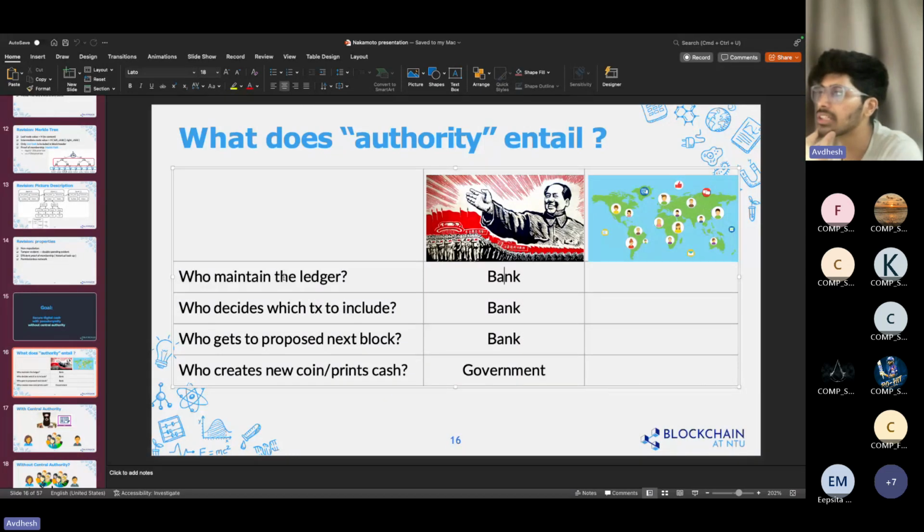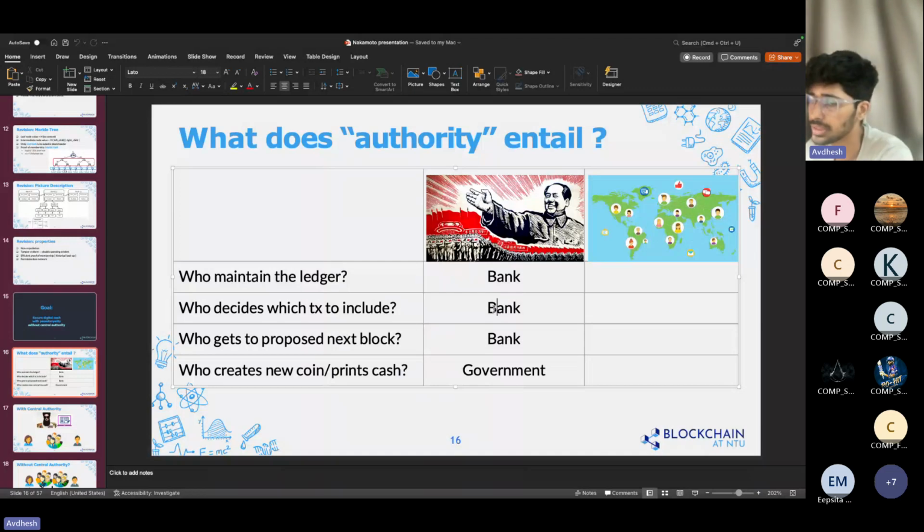The bank is also the authoritative institution which decides whether to include that transaction or not. Let's suppose I have to give 50 rupees to a vendor, but I only have 45 rupees. They'll check if I have the correct balance or not. That is also what a bank does.